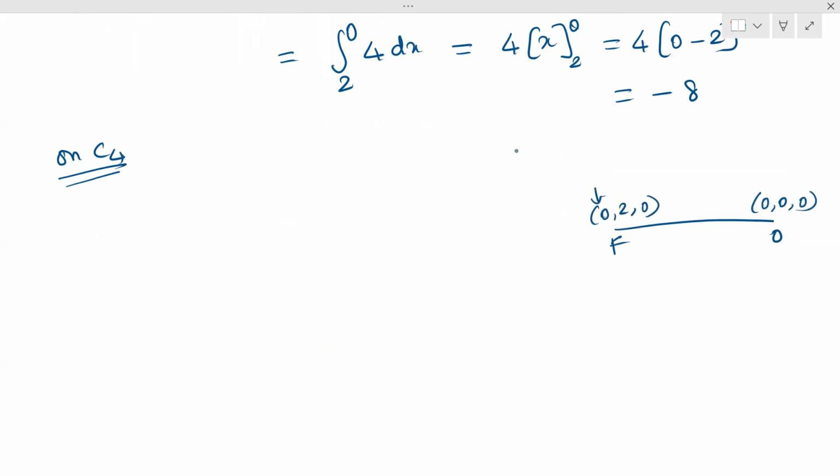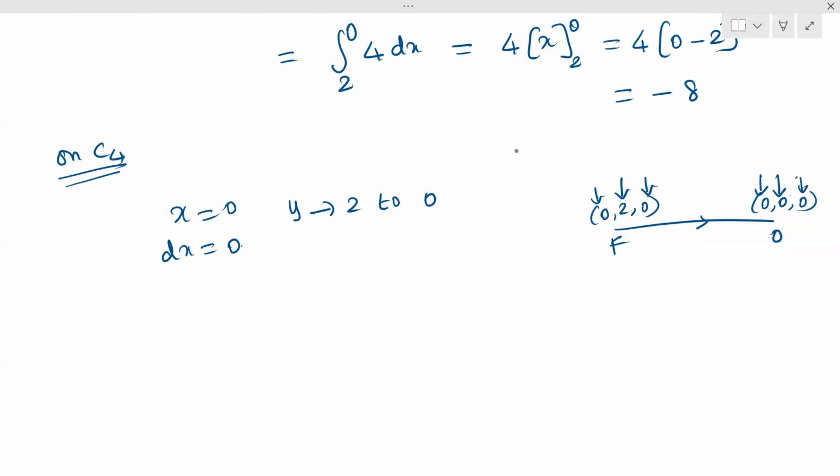See here, x equal to 0, so dx equal to 0. And y varies from 2 to 0 along FO. And Z equal to 0 here.